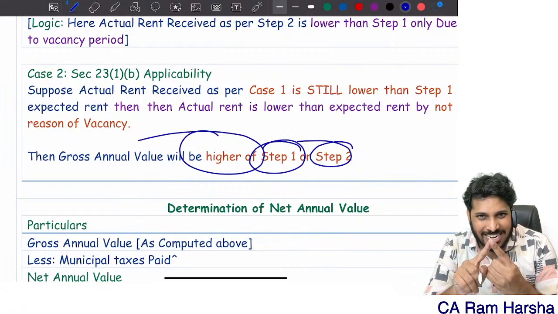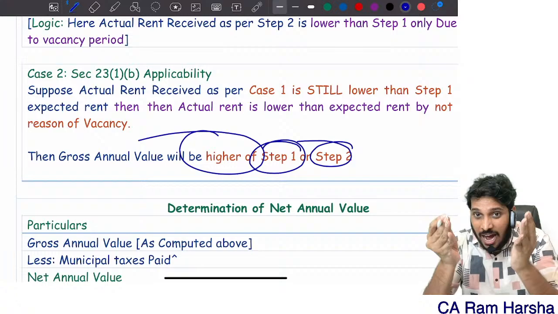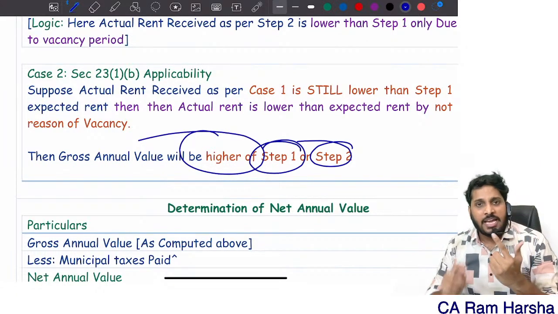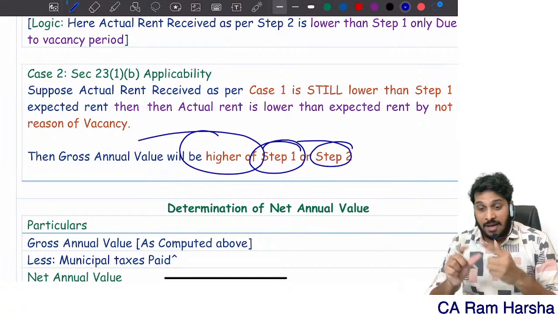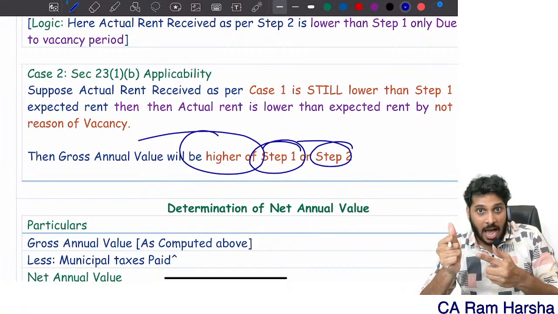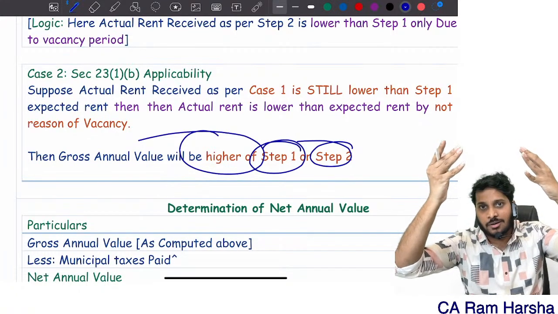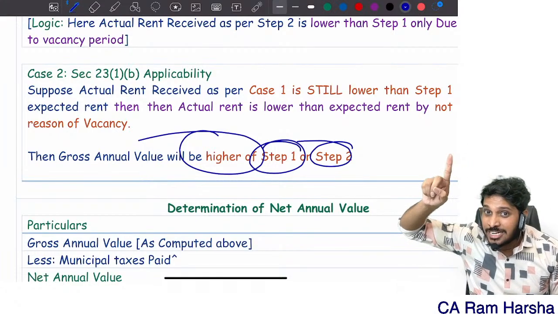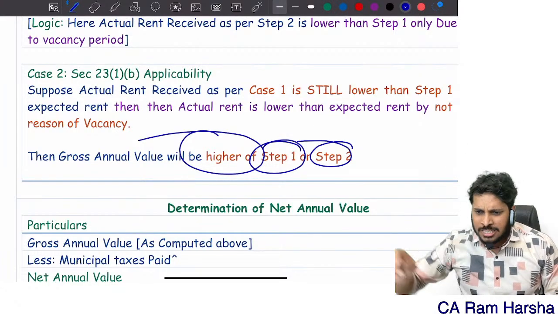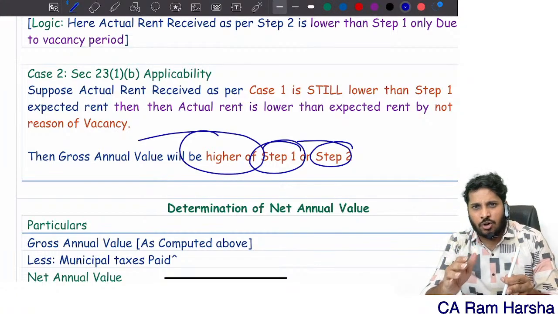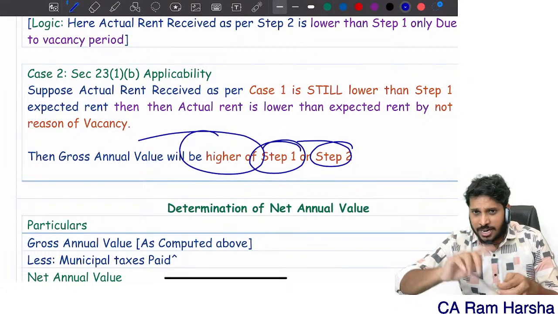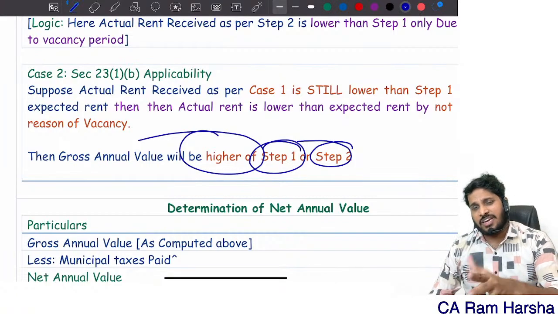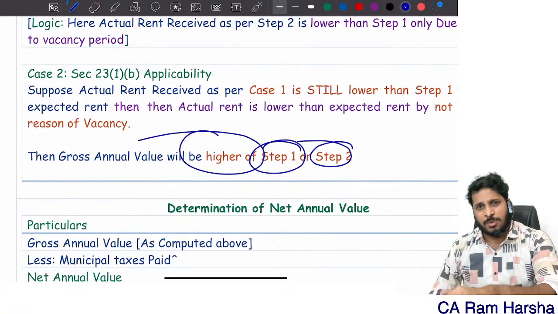If actual rent received after reducing unrealized rent is lower than expected rent, first point you should check: is there a vacancy? Yes. Vacancy period rent is added. If after adding it crosses expected rent, then gross annual value is the actual rent. Sir, after adding vacancy period rent also, if it is not crossing expected rent, which means whether you have a vacancy or not, your actual rent is basically low, you are charging lesser rent.